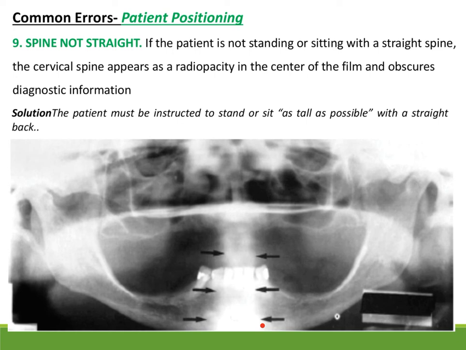Did you understand? So if the lips are not sealed with the tongue up on the palate, if the patient's spine is not straight, if there is a patient positioning error, like the spine drooping, especially in the case of children, you can expect the shadow of the cervical vertebrae on the sides of the radiograph.